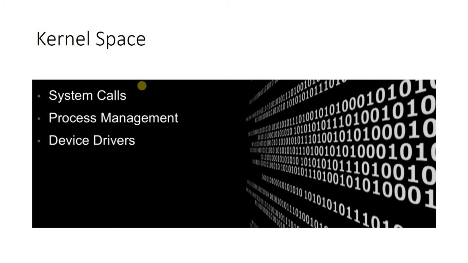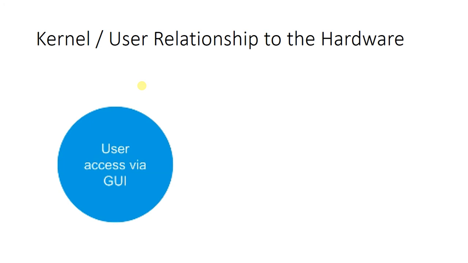So now discussing how the kernel and the user relate to each other and how they access the hardware, we can imagine it like this. We have a user that is accessing this computer that is running Linux via a GUI, graphical user interface, some type of desktop environment. Now they need access to the hardware, right?